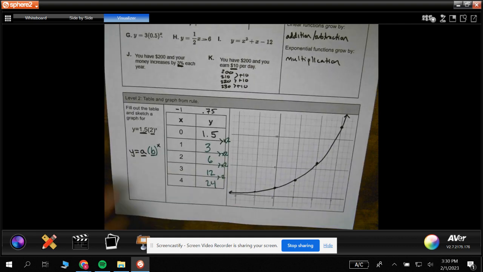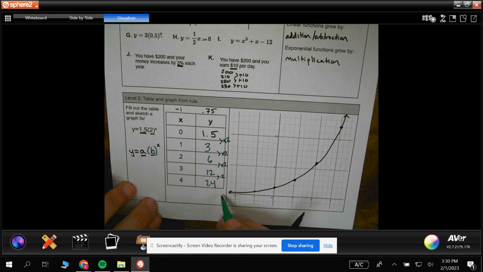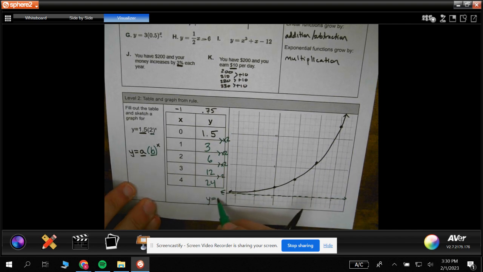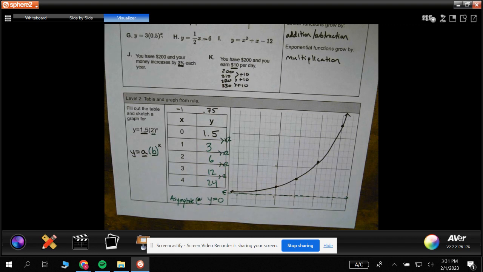Does your graph ever cross the line y equals 0 right here? No, it does not. This right here is the asymptote. There is an asymptote at y equals 0. That means the graph approaches that line, but never actually touches it. That's it for level 2.